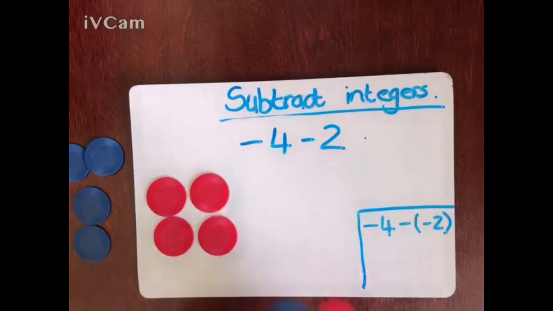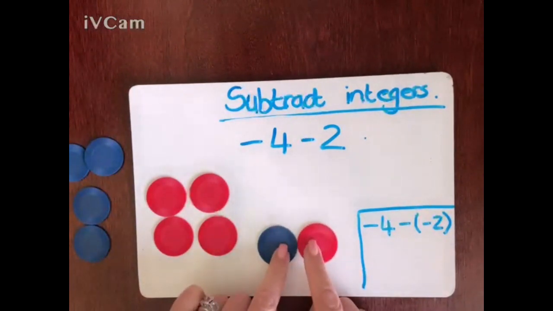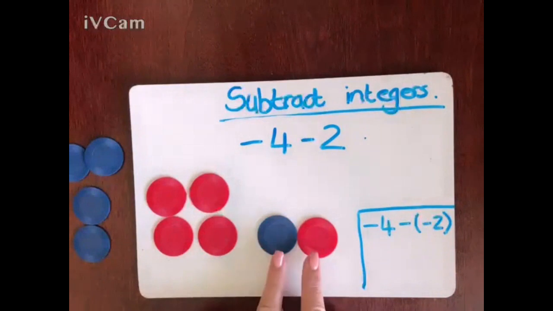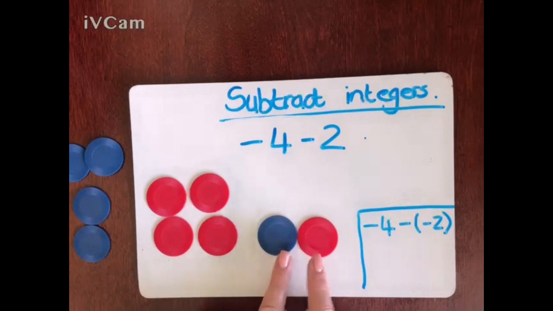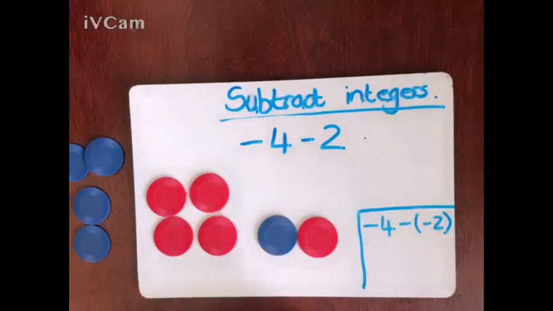Or you can introduce it. You can add a 0 pair, because this is still 0. And if you add 0 to any calculation, you still have the same value. So we may add 0 pairs until we are able to take away 2 blue ones.